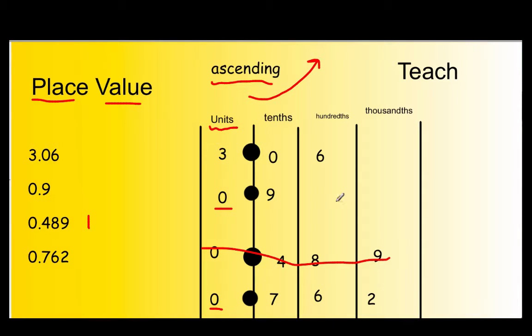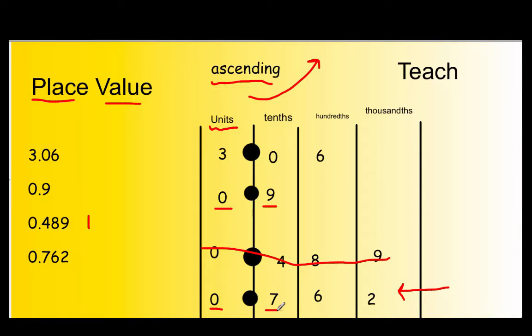Now some of you might be going, this number's way bigger, Mr. Burns. Look, it's got 1, 2, 3, 4 numbers in it, whereas 0.9's only got 1, 2. Well, that's not correct. You're right, it does have 4 numbers in it, I can count. But guys, the tenths value here is 9 tenths, while the tenths value here is only 7 tenths.